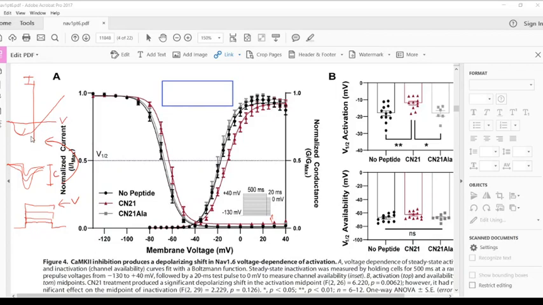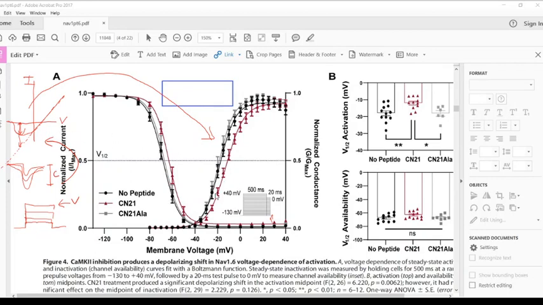To work out the activation, you take this line here, because at this point all the channels are open. You extrapolate down, then you measure at each point the ratio of the current size to what it should be if they're all open. And that gives you this.